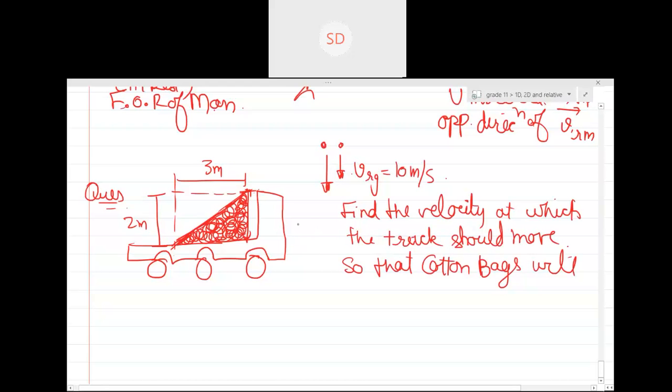So what is this velocity of the truck with respect to ground so that cotton bags will not get wet?